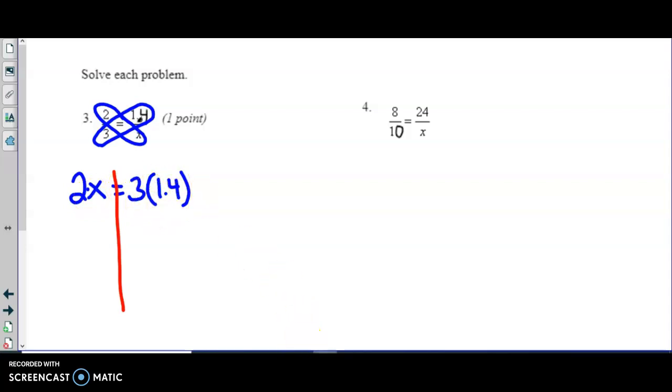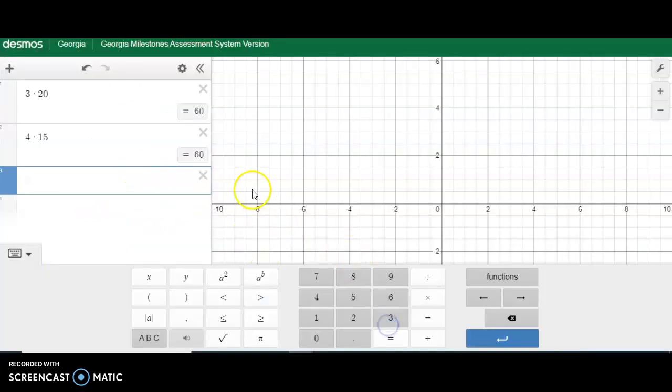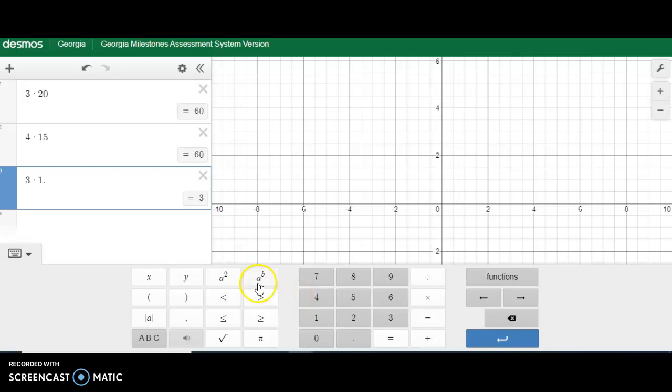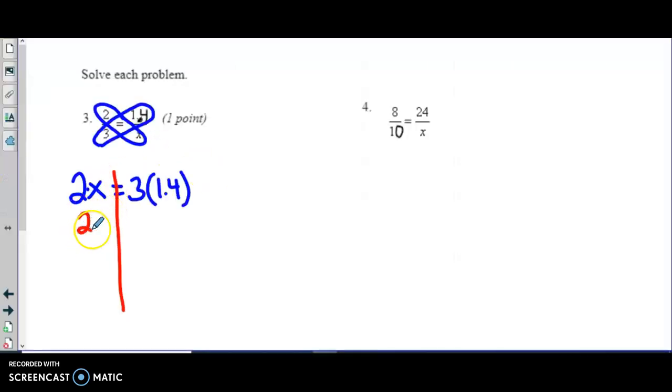I'm going to go ahead and multiply this out. 3 times 1.4 is 4.2. So I get 2x equals 4.2. And then every time we solve an equation, our job is to get x by itself.